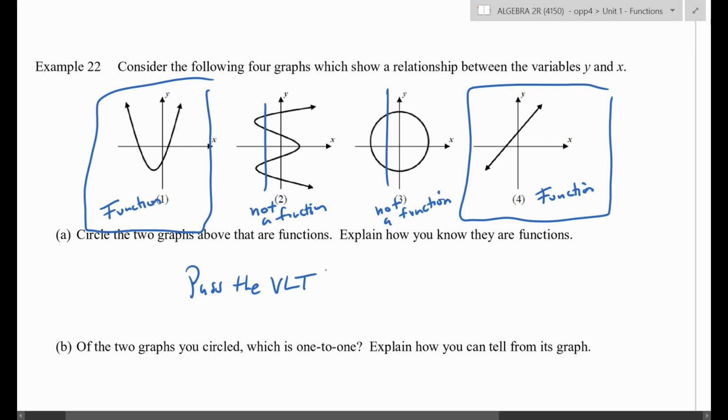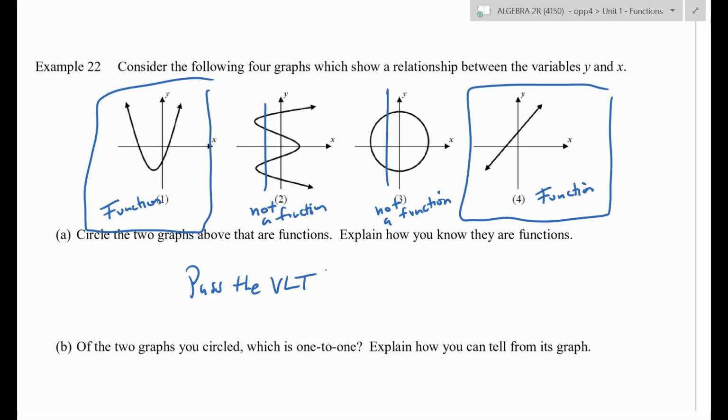Of the two graphs that you circled, which is 1 to 1? Sadie says 4. I agree. Now explain. Okay.